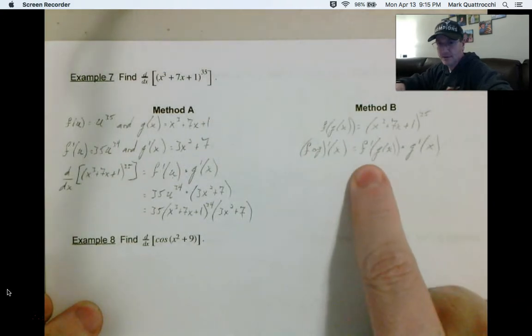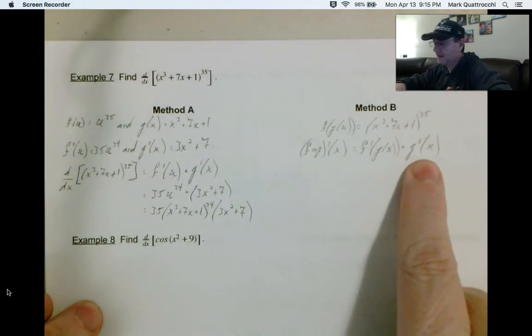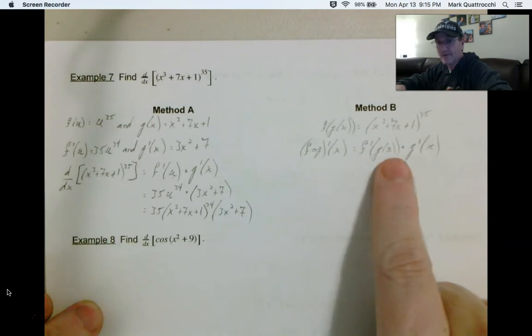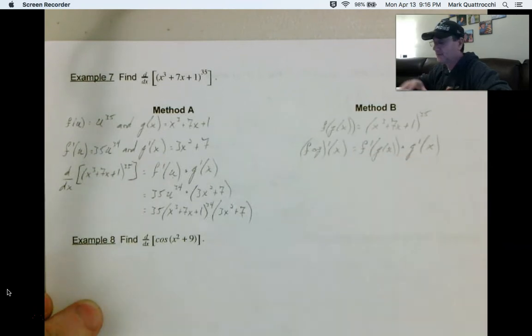Derivative of the outside function evaluated at the inside function times the derivative of the inside function.